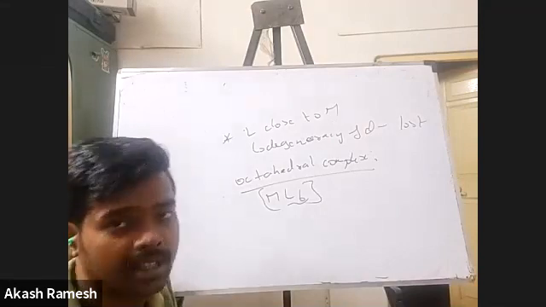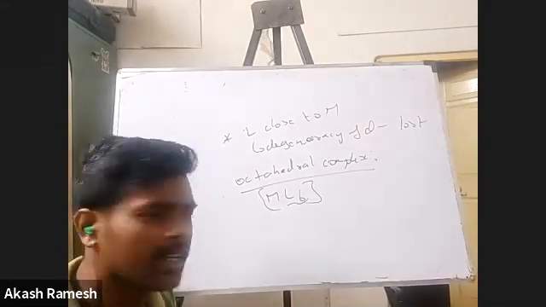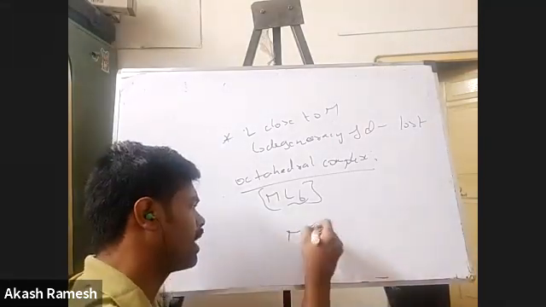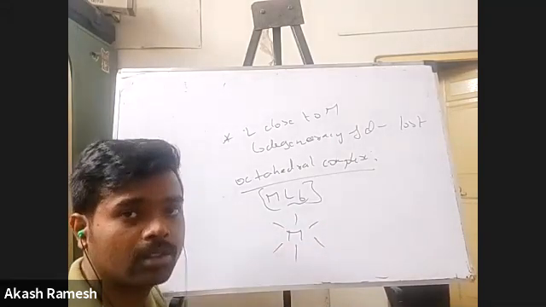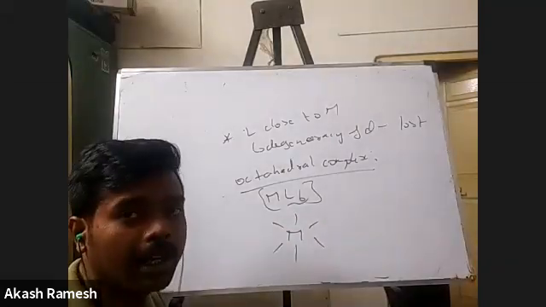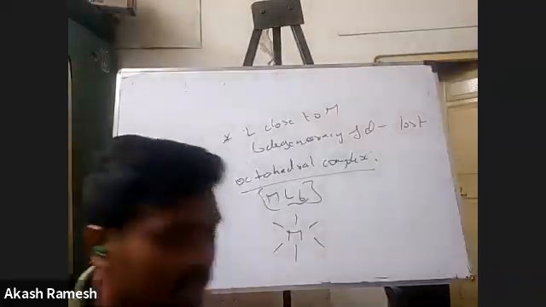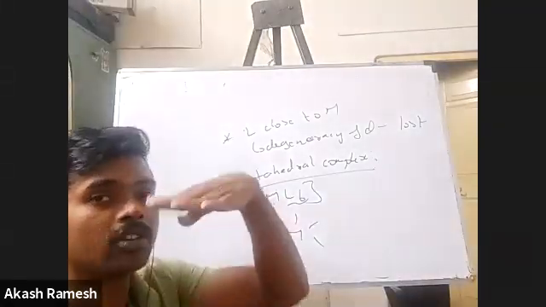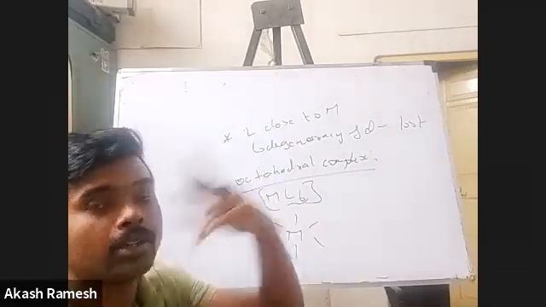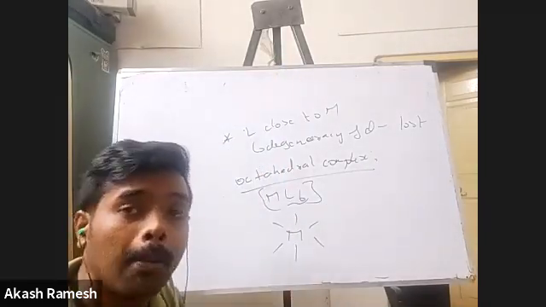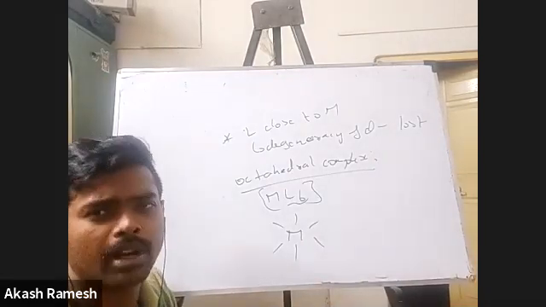Now what you have to understand, guys, is how the octahedral shape looks. 6 ligands are going to be there. Or you can visualize it like a square bipyramidal shape: I have a square, one pyramid on top and one at the bottom. It is also called a square bipyramidal complex, but generally we call it octahedral.